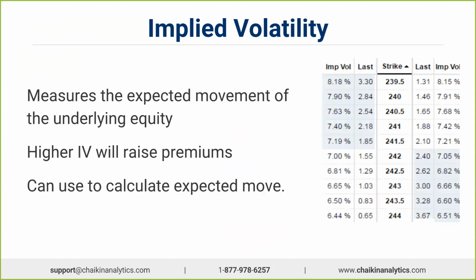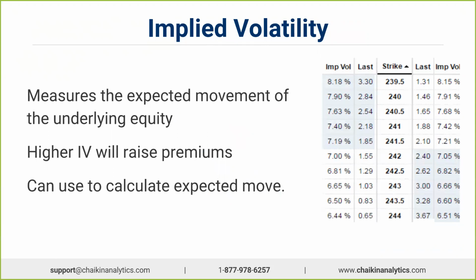So it is not necessarily a good representation of what the implied volatility is on Facebook or on Amazon or on AT&T. It's really only good to tell you what the general overall volatility is on the index itself.